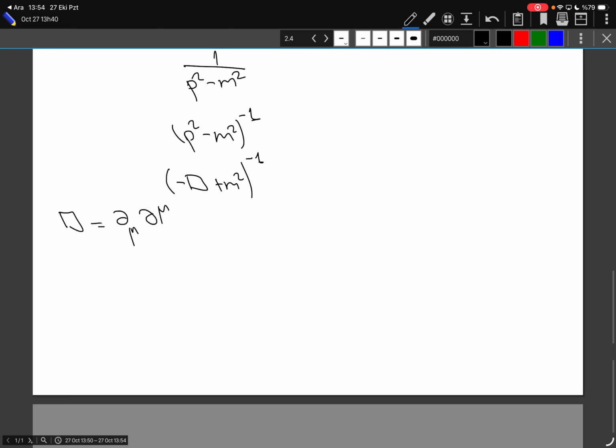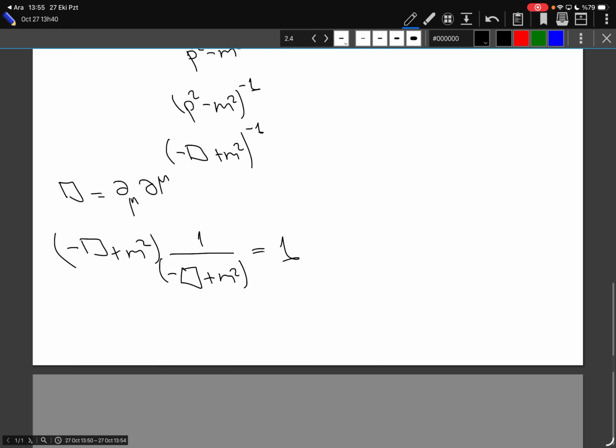Well, it is something that satisfies this equation, is equal to 1. This is an operator form, let's say. I can just go to the coordinate basis, take the various matrix elements, etc.